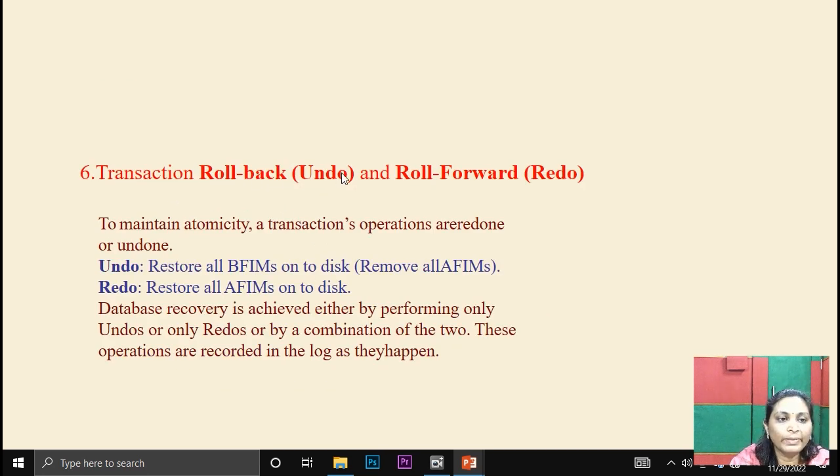Next is transaction rollback, that is nothing but undo, and roll forward means redo. In undo we restore the before-modification values, and redo applies the after-modification values. Suppose a customer has a bank account with a balance of 10,000.